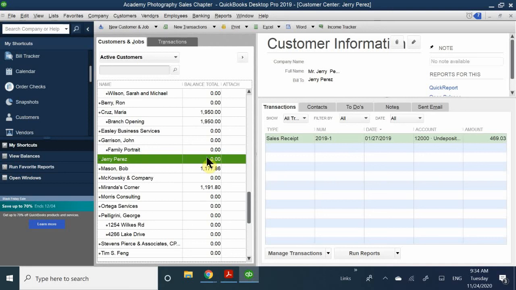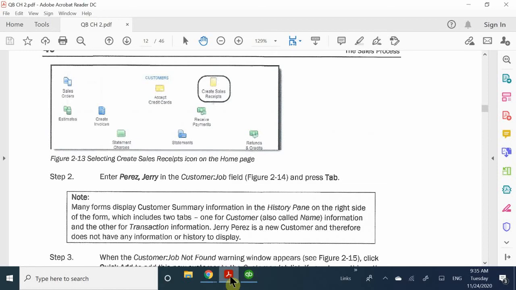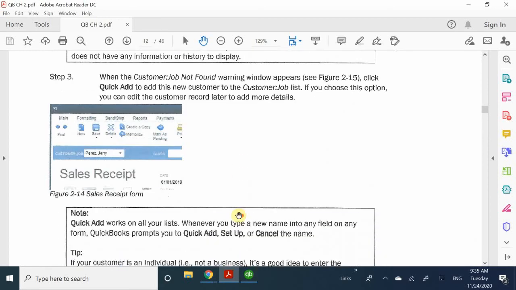He paid at the date of transaction, and that's why he has 0. Right? So any questions in filling out a sales receipt? None on this end.